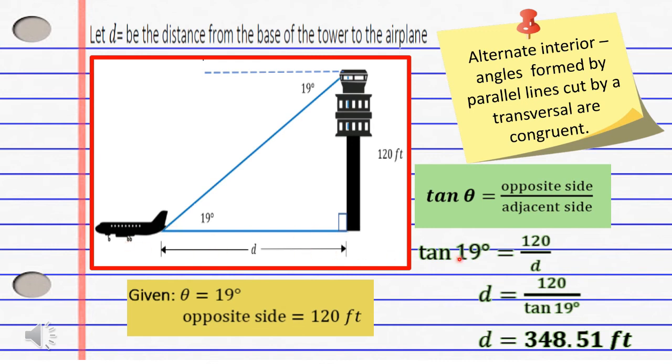The distance is now equal to 120 over tangent 19 degrees. So if we put that in our calculator, the distance is 348.51 feet. Therefore, the distance from the airplane to the post is approximately 348.51 feet.